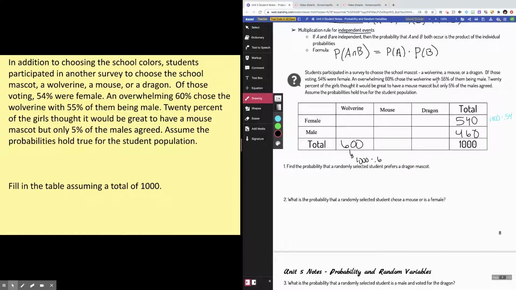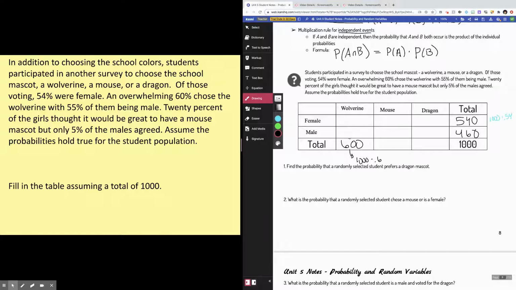And then it said with 55% of them being male, okay? Meaning that I have a condition that I've met. The Wolverine is my condition, right? And 55% of those who voted for the Wolverine were male, right?